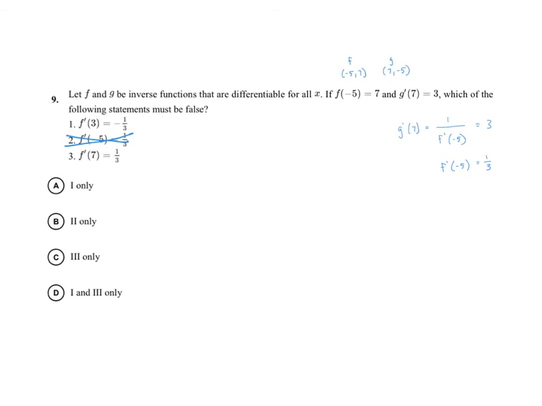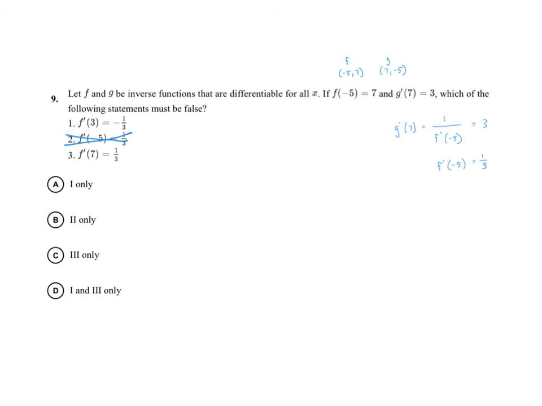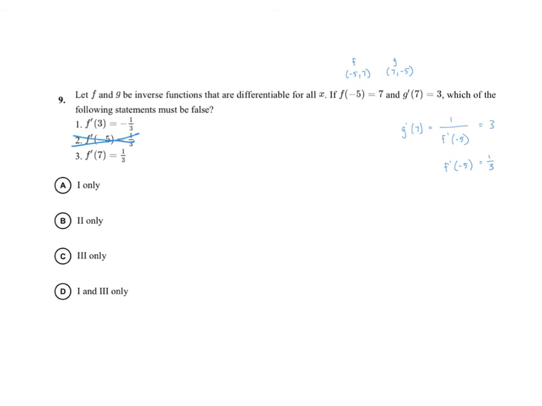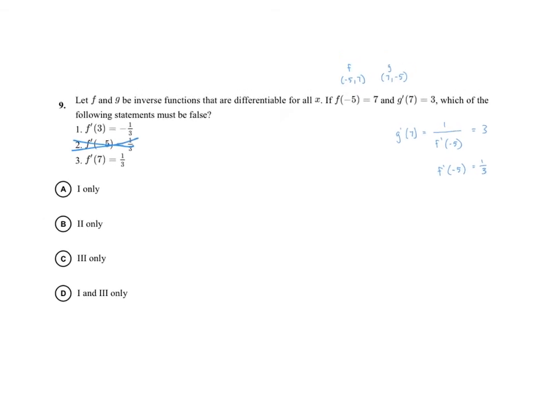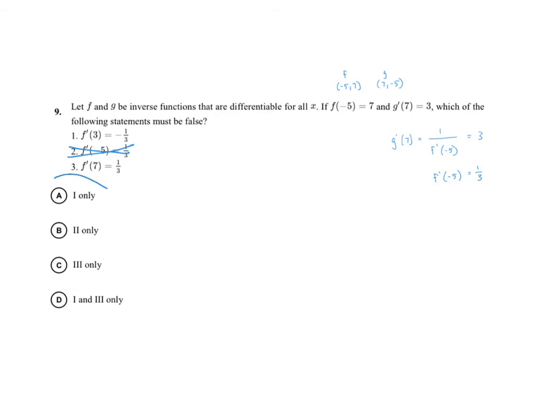If you could even just get the fact that statement 2 is true, that's the most important thing. So technically the answer is A, but the most important thing for this question, since we're just learning from these, is realizing that this is true, because of that formula for derivatives of inverses.